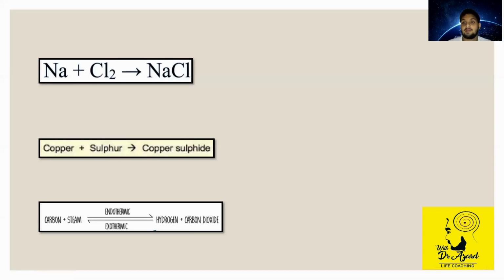So then the reactants are on the right hand side and the products are on the left hand side. So that's why I told you that unlike mathematics, this arrow plays a huge role in this. The direction at which the arrow points is a very important thing.